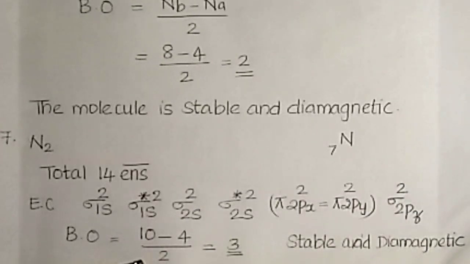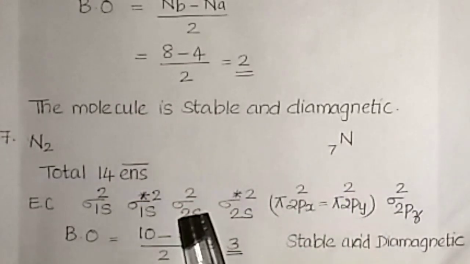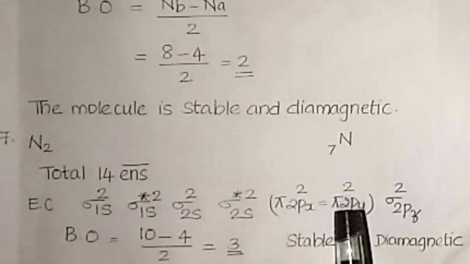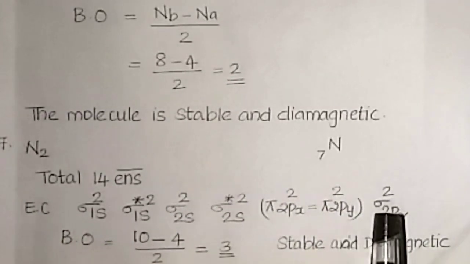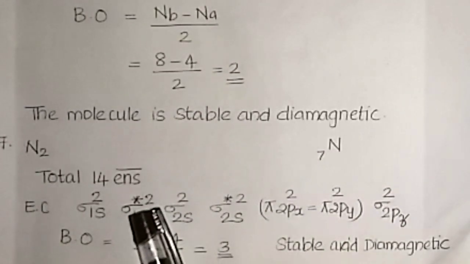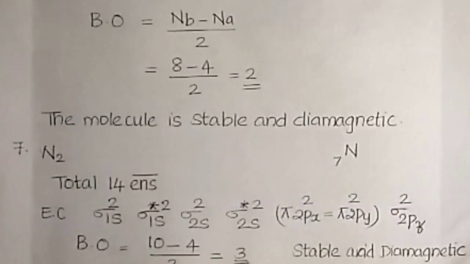Then we can write the bond order: the number of bonding electrons are 2 plus 2, 4 plus 2, 6 plus 2, 8 plus 2, 10. 10 minus anti-bonding molecular orbital electrons 2 plus 2, 4, divided by 2, which is equal to 3.